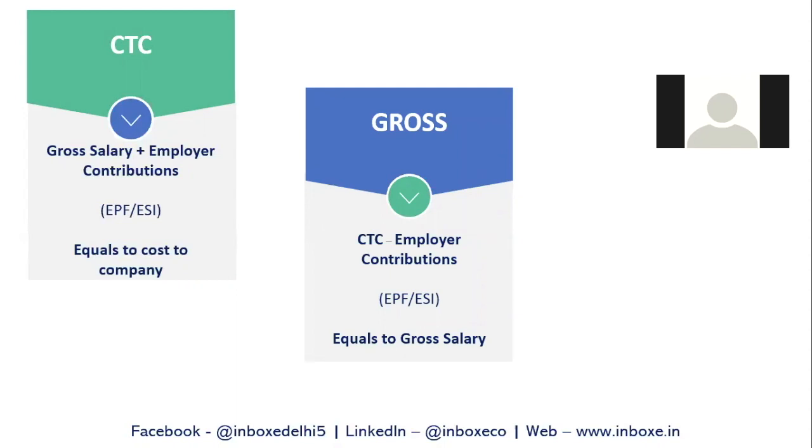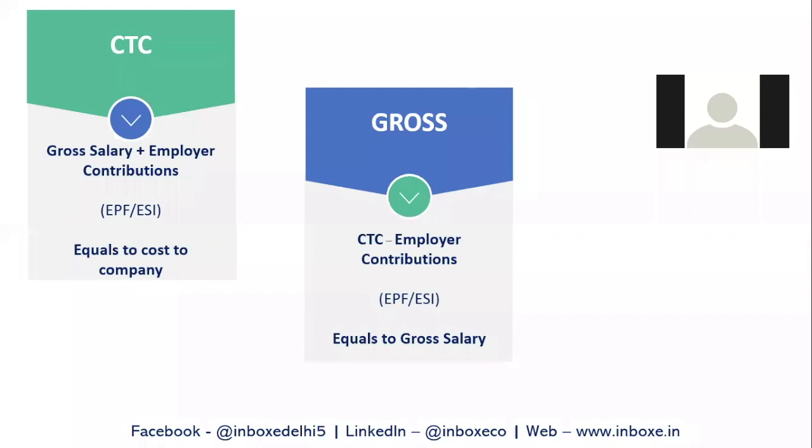Every organization gives me this CTC and gross. CTC is the total; gross is the amount you are earning, reduced by the contribution which the employer is bearing on me. The contribution is again PF and ESIC.